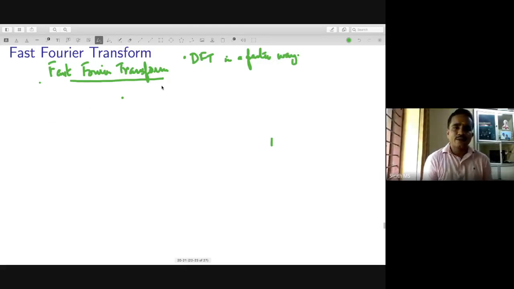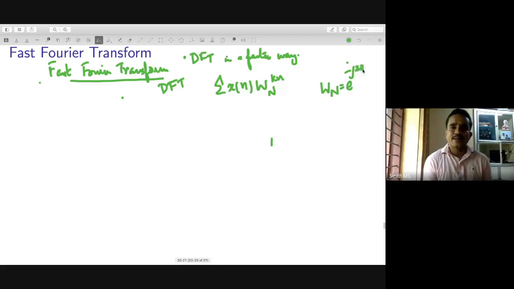What is the equation for DFT? Basically, you know that the equation for DFT is sigma xn wn raised to kn, where wn is e raised to minus j2 pi by n.